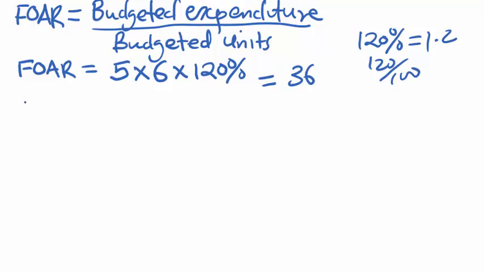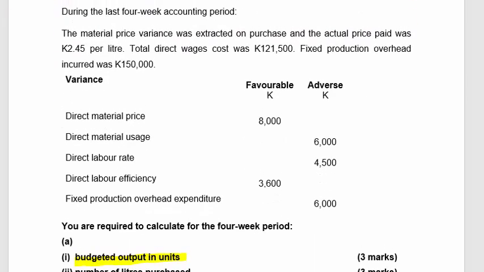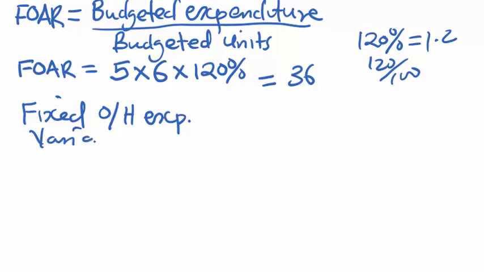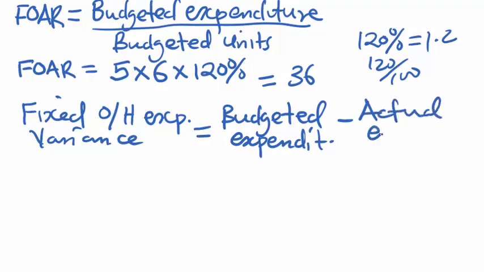Then we also know the formula for the fixed overhead expenditure variance, which we've been given here as 6,000. The fixed overhead expenditure variance is given by the budgeted expenditure or cost minus the actual expenditure or cost.